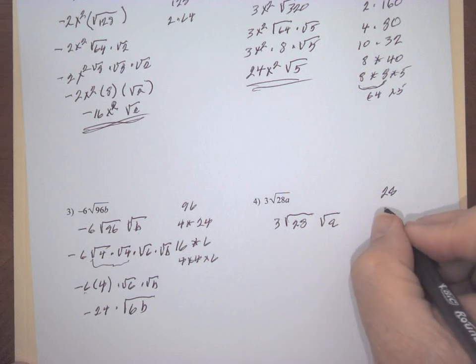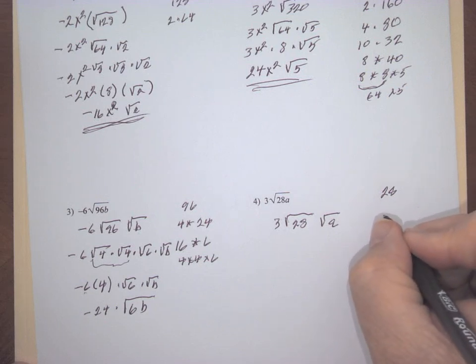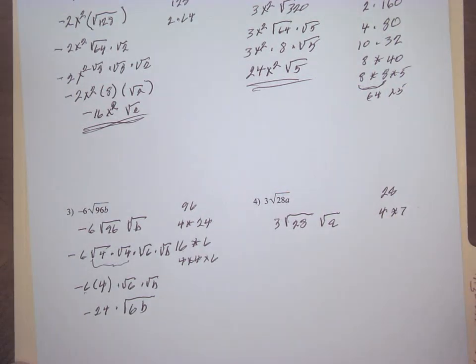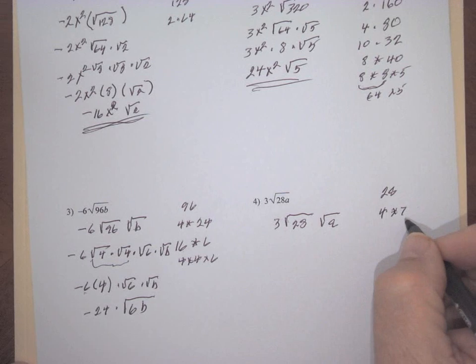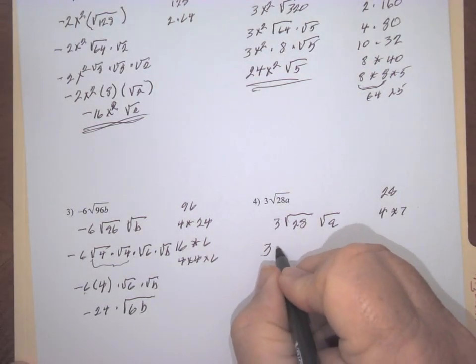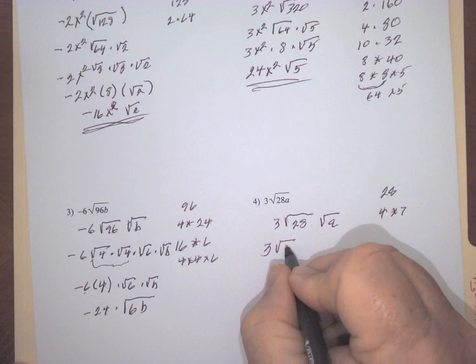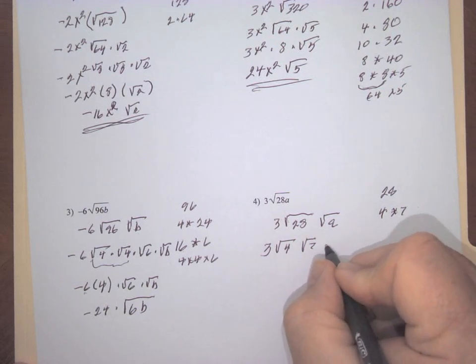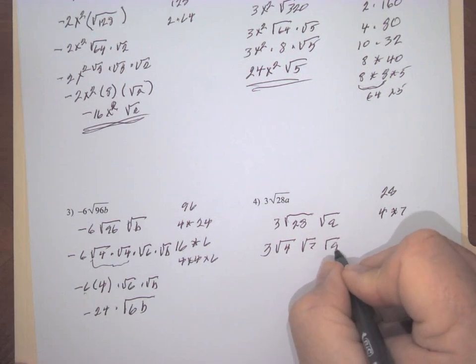factors into, the first one would be divisible by 4, so that'd be 4 times 7. And the next one would be 16. It wouldn't work, so we're going to work with 4 and 7. So now we're left with 3 times the square root of 4 times the square root of 7 times the square root of a.